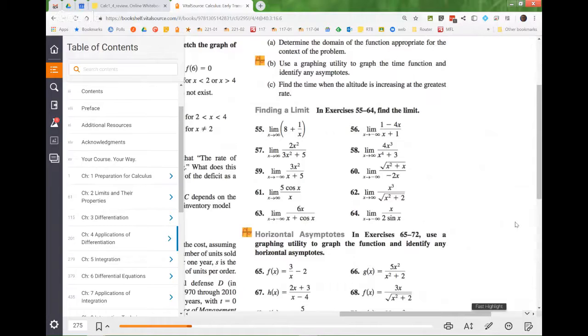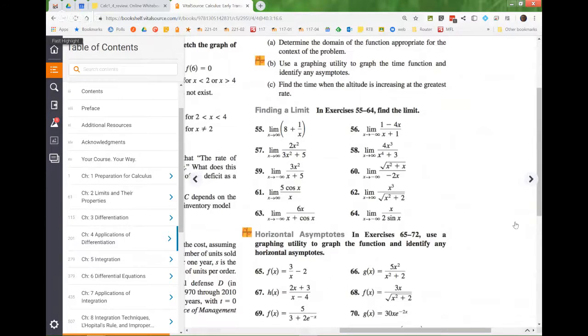So on top, negative 4 times negative infinity is positive infinity. On the bottom, you're going to get a negative. Hang on, you have to switch it. I can't write on there.